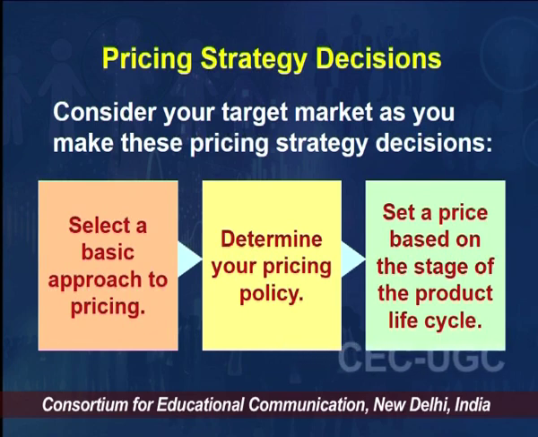So, the right sequence is, first you select a basic approach to pricing. What is my basic core approach to pricing as a company? Then I should determine my pricing policy, and eventually I would be setting a price based on the stage of the PLC of the product with which I am operating. So, this is the right sequence of formulating pricing strategy or taking a strategic decision on your price.